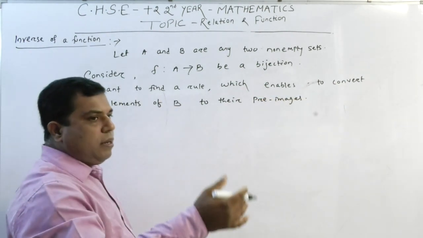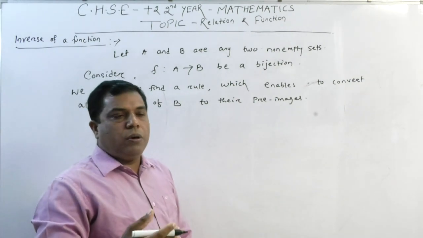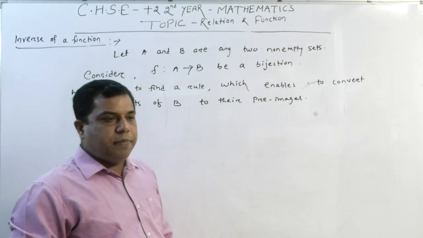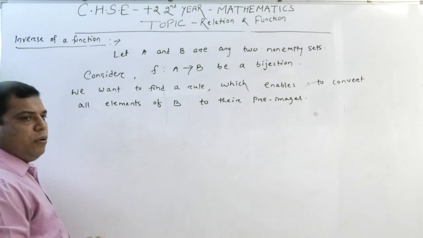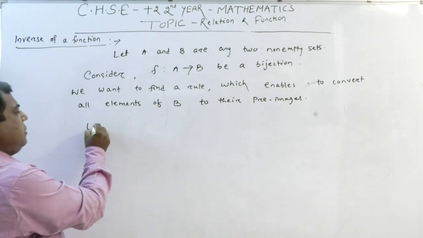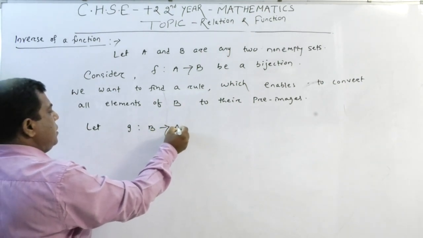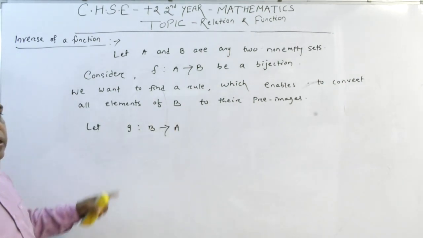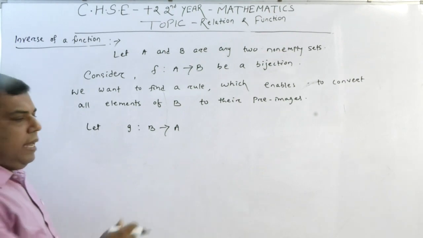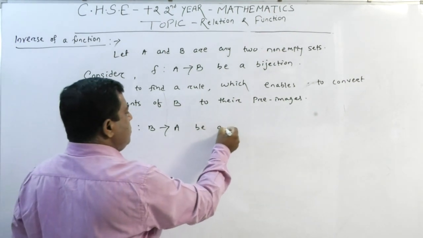Means whatever is present there, that will convert to their pre-image. Let g from B to A be a function. Suppose that rule is defined as g from B to A.